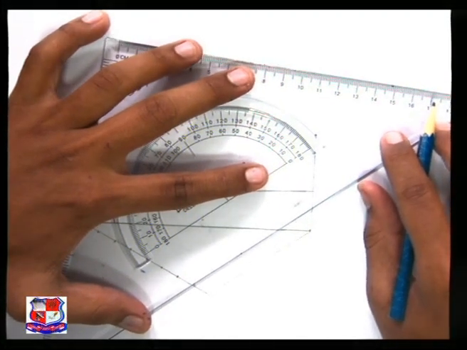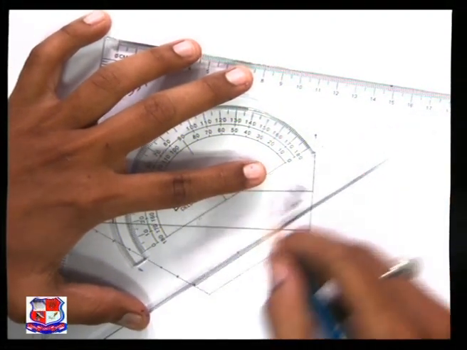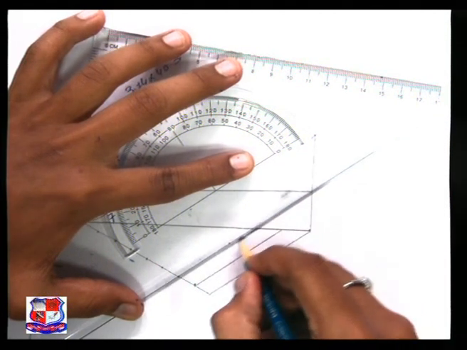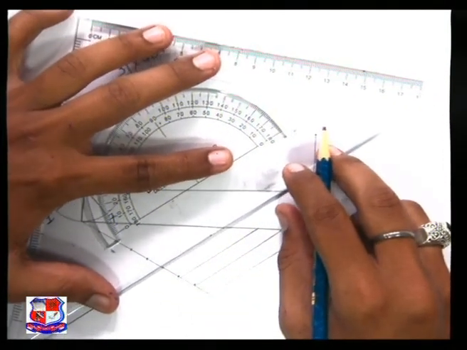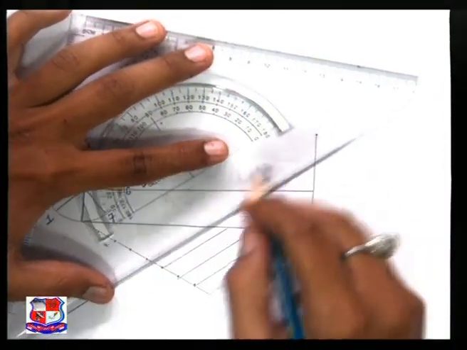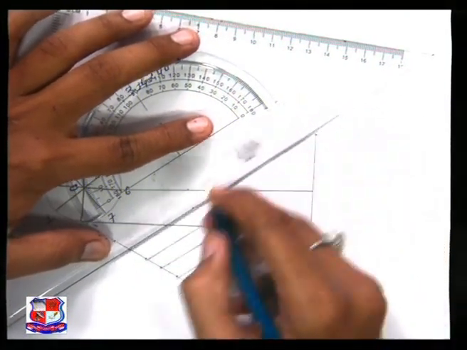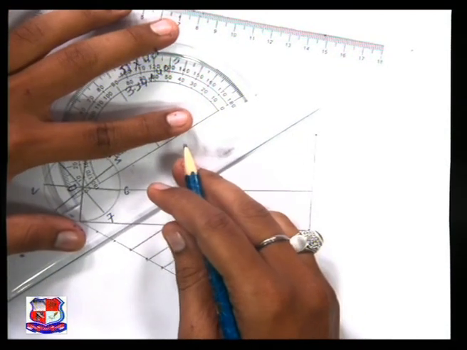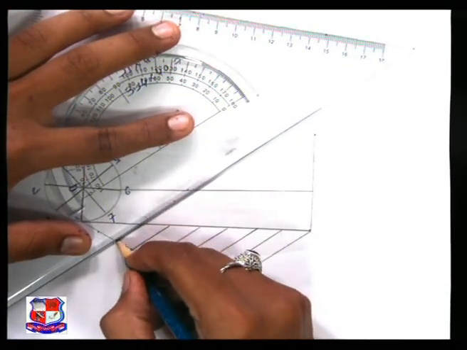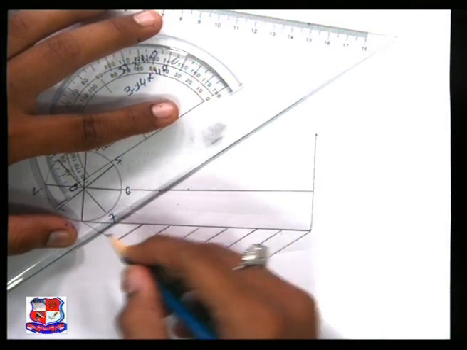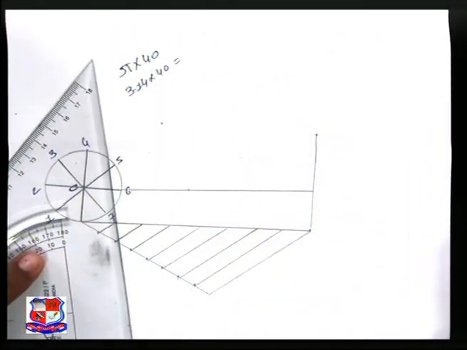Take the parallel lines like this, and one by one you will get the 8 desired divided parts, like this.